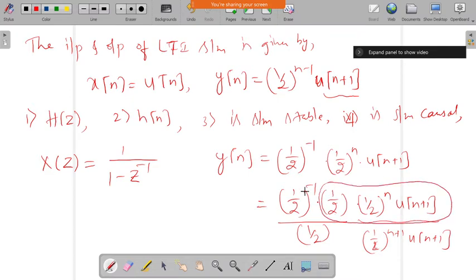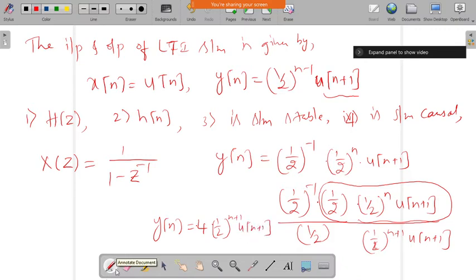Now what is the remaining term? The remaining term will be 2 into, so this term will be equal to 2, and if you take this to the numerator, it will become 2 again. So this term totally becomes 4. So now I can write y of n as 4 into half power n plus 1 into u of n plus 1.